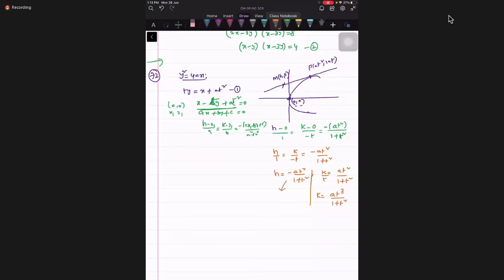From here take t square: t square plus h t square is minus at square. You can take t square common, h plus a equal to minus h. T square is minus h by h plus a.